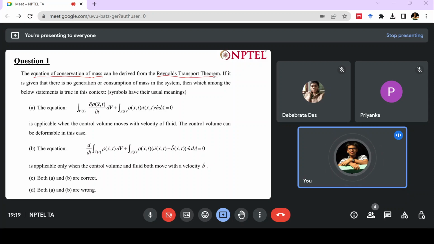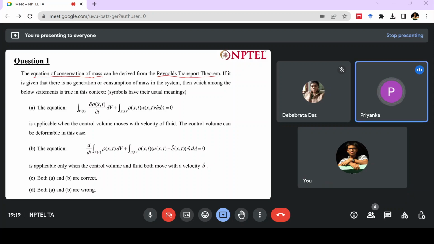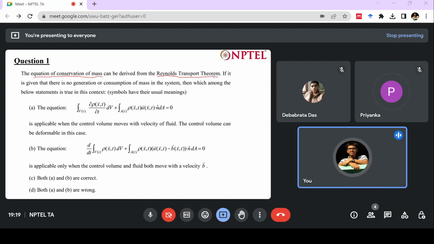Why do we use Reynolds transport theorem? To establish the relation between control volume and control mass system. Yes, sure.